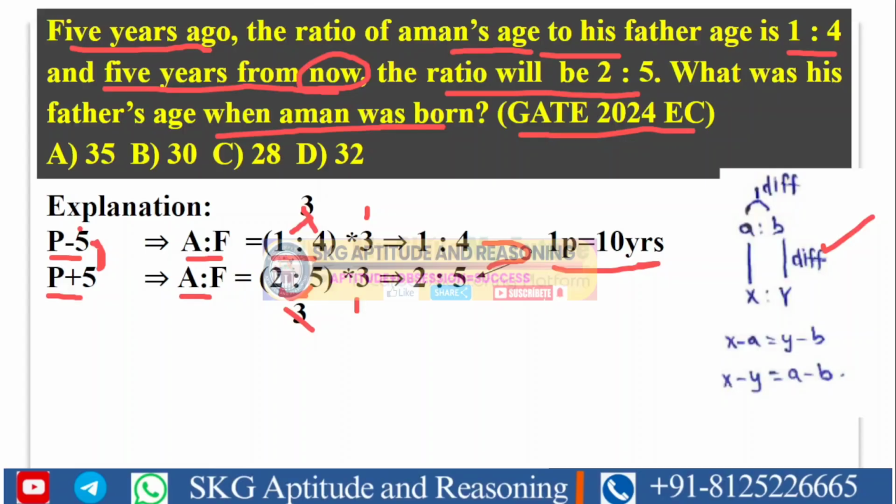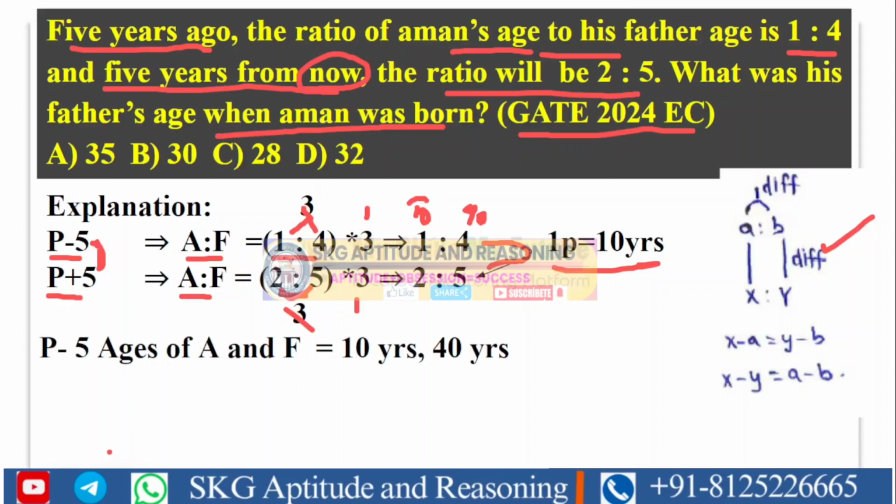So 5 years ago, Aman's age was 10 years, and 5 years ago, father's age was 40 years. But we need to find when Aman was born. Okay, let us take 5 years ago. At P minus 5, the ages are 10 years and 40 years.